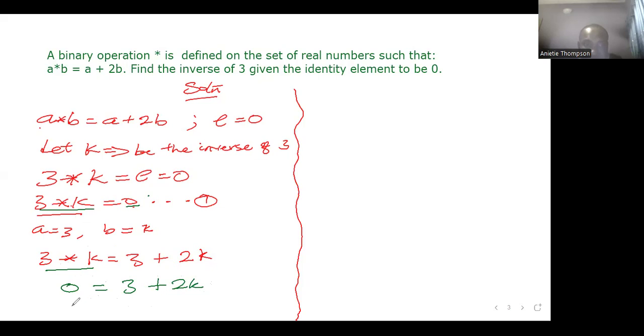On that note, we can say that minus 3 is equal to 2K, or at the same time, 2K is equal to minus 3.